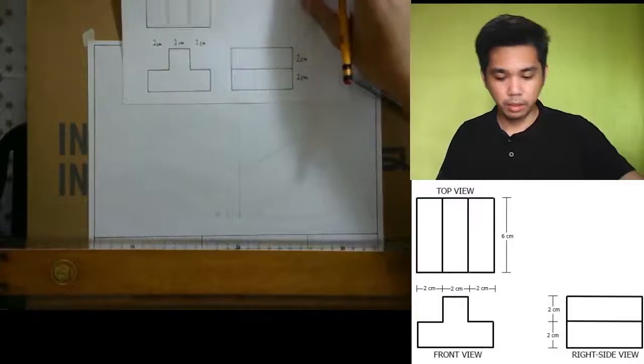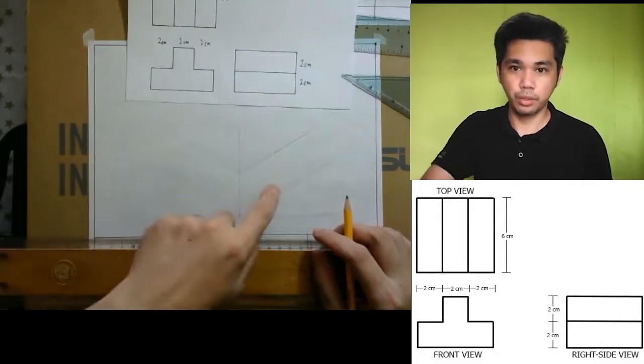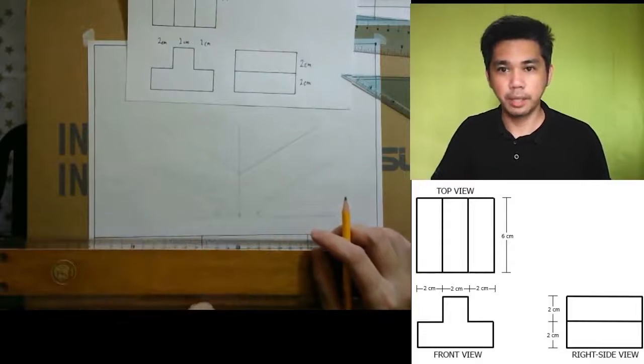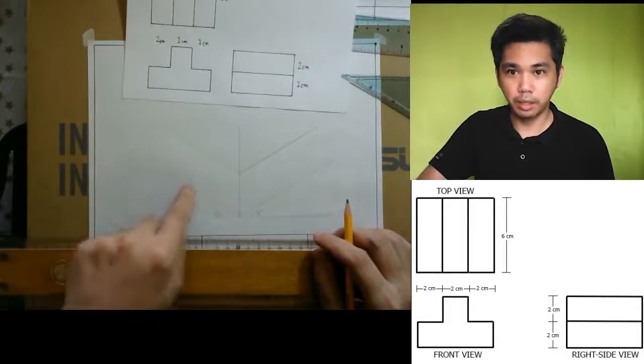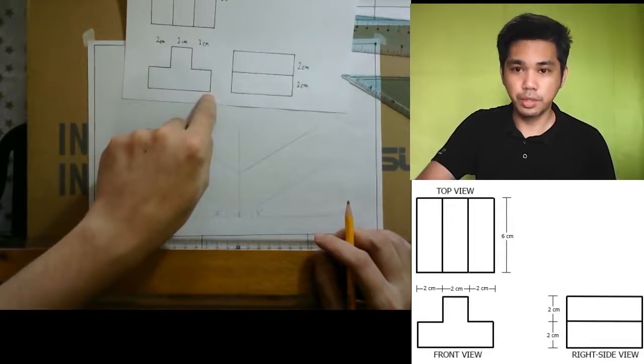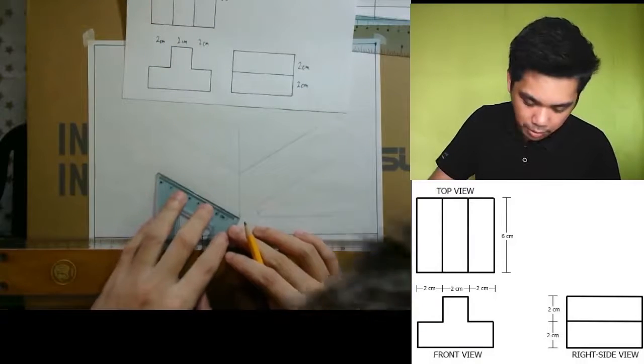Okay. Now remember that this is on the front side, this one is on the right side. We have to know the measurement of this one so that we can place it here. So this is 6 centimeters. We will measure 6 centimeters from our apex.